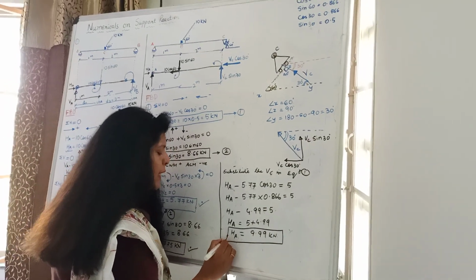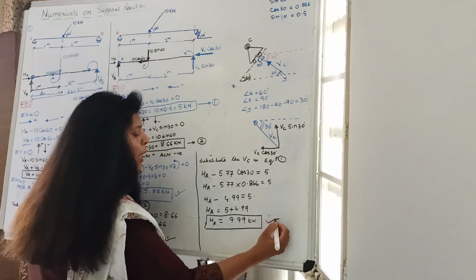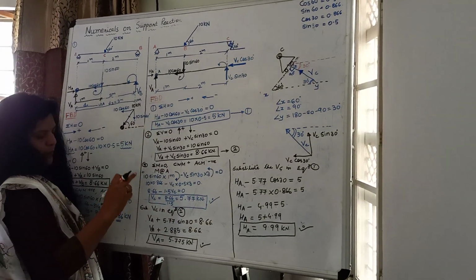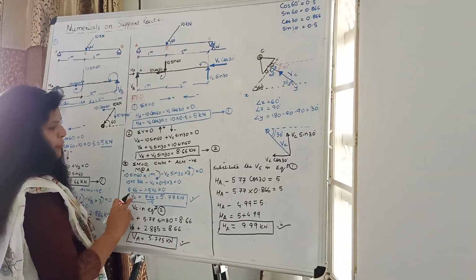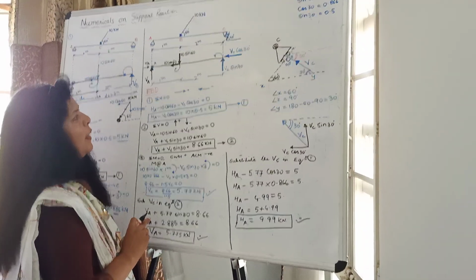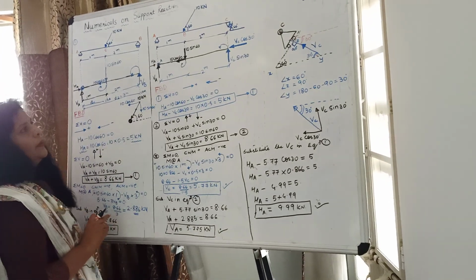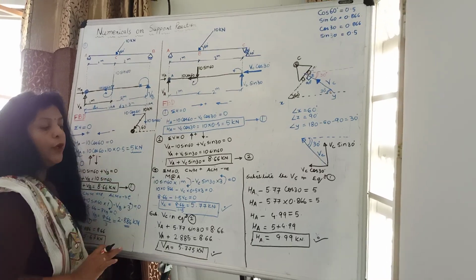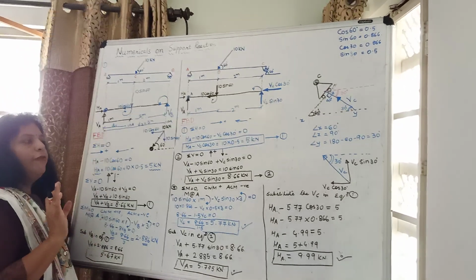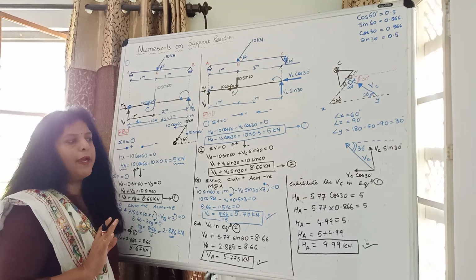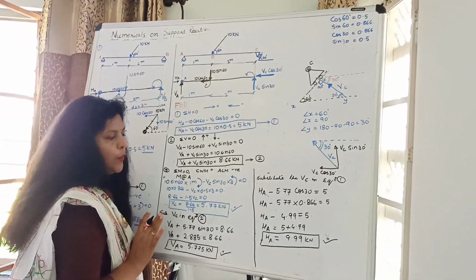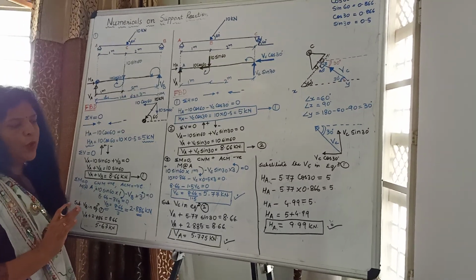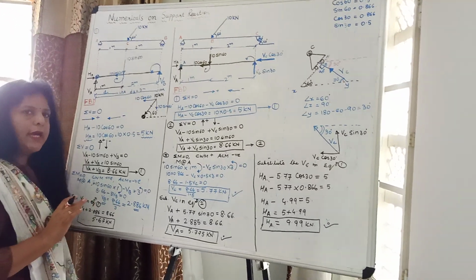So now you can see that we have found all three reactions, that is HA, VA, VC. If you want to find the resultant of HA and VA, you can use the law of parallelogram, or the formula: resultant is equal to under root of HA square plus VA square.